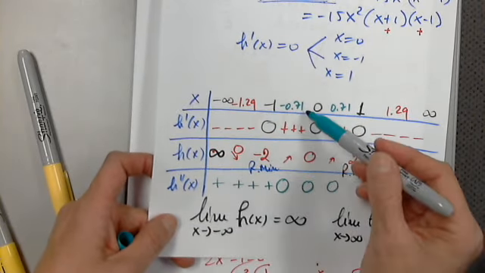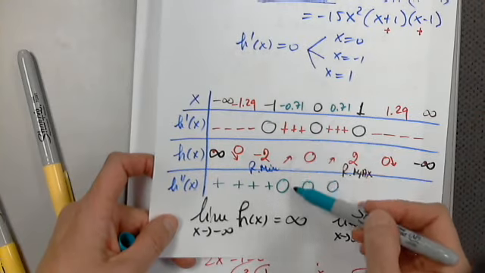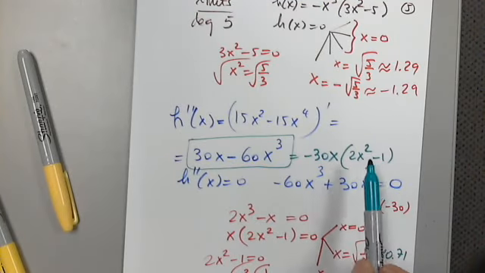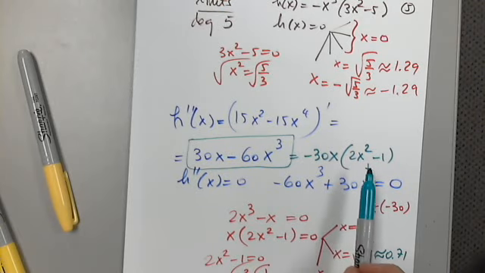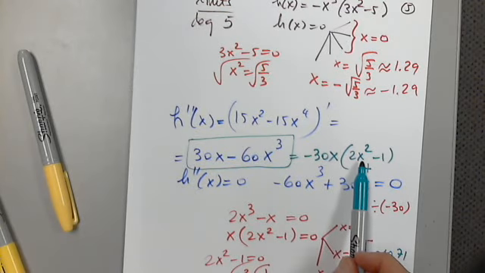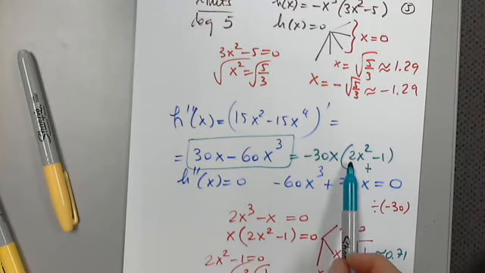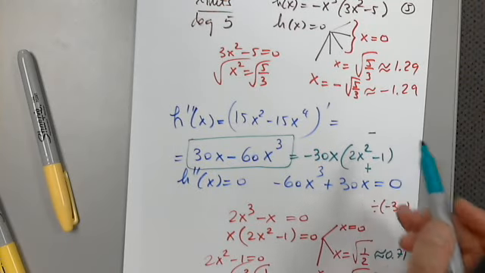Now this is going to be difficult because I have to plug in negative 0.5. With negative 0.5, this will be 1/4, right? Negative 0.5 is 1/2. 1/2 squared is 1/4. Times 2 is 1/2, so this will be negative.